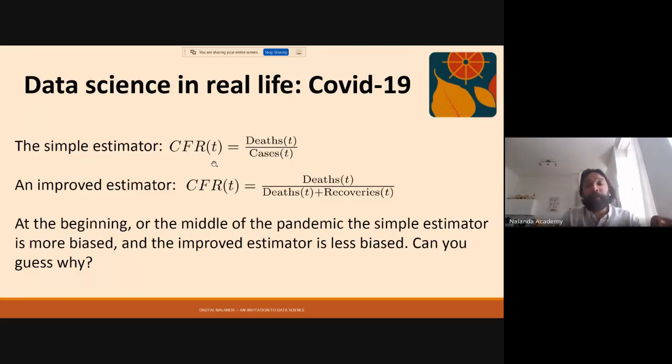At any given point in the epidemic, the number of deaths divided by the number of cases is going to bias the case fatality rate. And the claim is that in the beginning or the middle of a pandemic, this is more biased, and that this one is somehow less biased. This is getting closer to the true case fatality rate at the given time. And can anybody guess why this might be true?